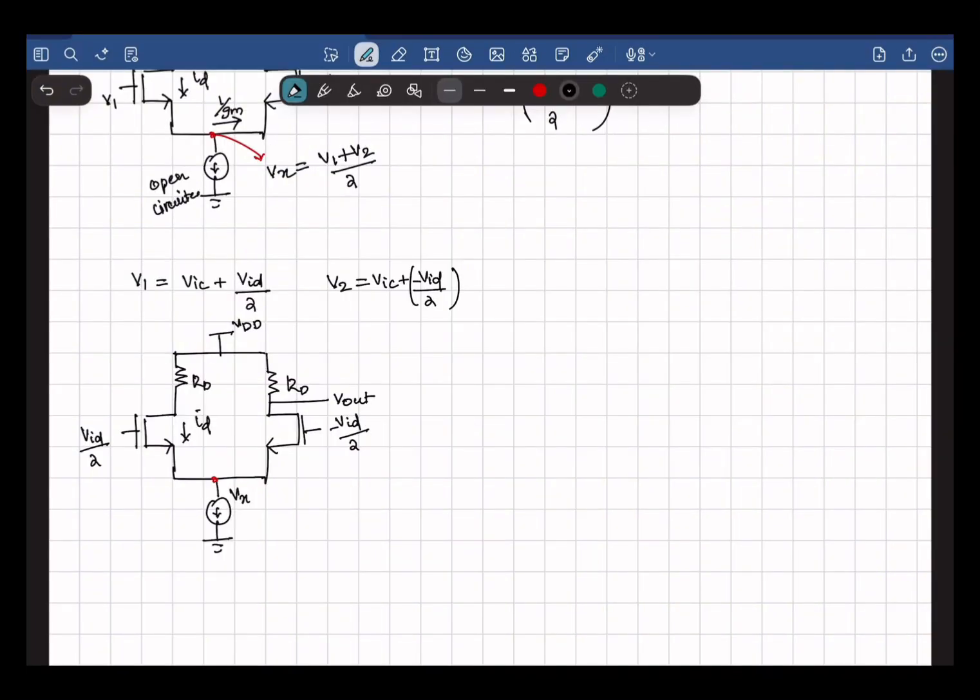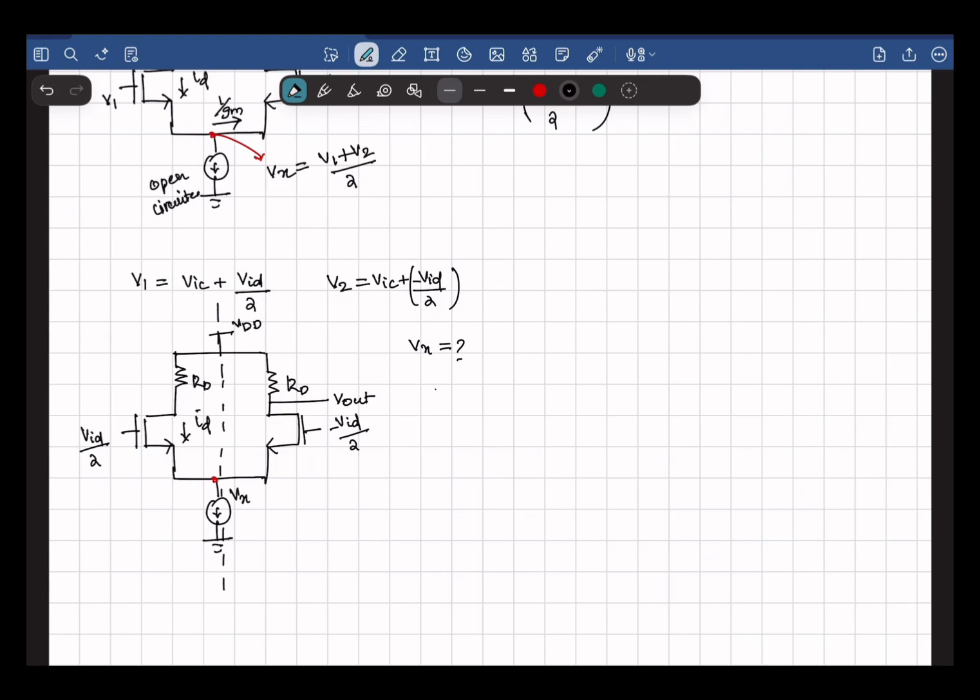When I give a differential signal at the input of an amplifier, what do you think happens at Vx? What would be the voltage at Vx? Since this circuit is symmetrical and linear, when two linear systems are put together, the voltage in between the two systems would be equal and opposite due to superposition.